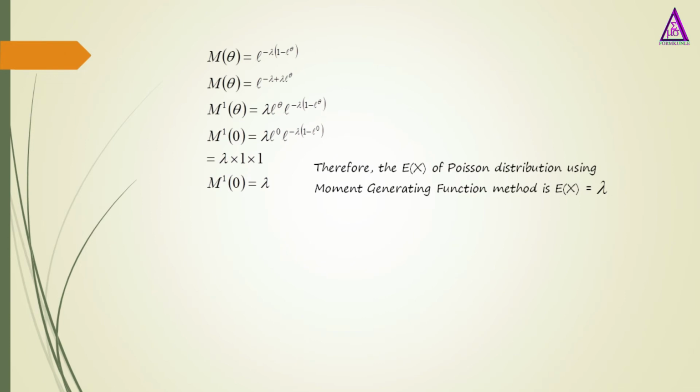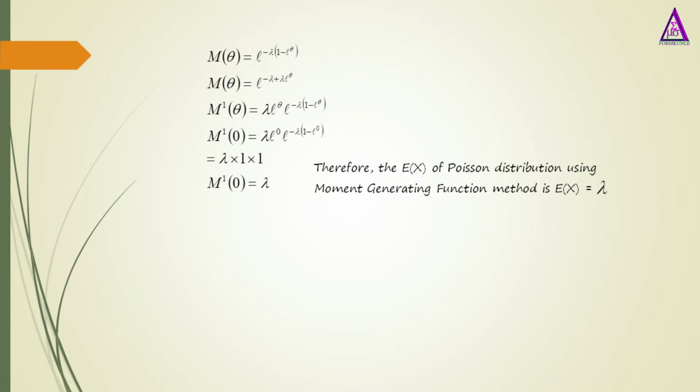So to obtain our expected value of the Poisson distribution using the moment generating function method, we need to differentiate the moment generating function we obtained before, which is exponential raised to power negative lambda into the bracket 1 minus exponential raised to power theta close the bracket.